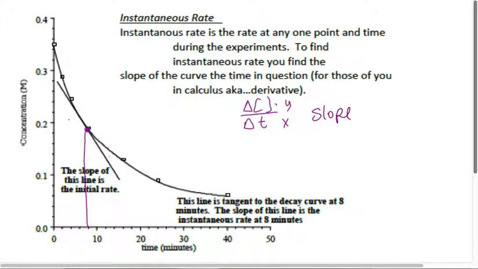So what you do is at the point of the curve, at that 8-minute mark, you draw a line tangent to the curve at that point. The slope of that line is the rate at that point. That's called instantaneous rate. There is a thing in calculus that represents this. What is it? Derivatives. So when you find the derivative of something, that's what you're actually doing.